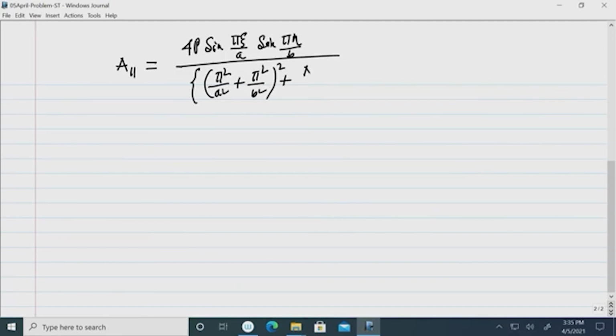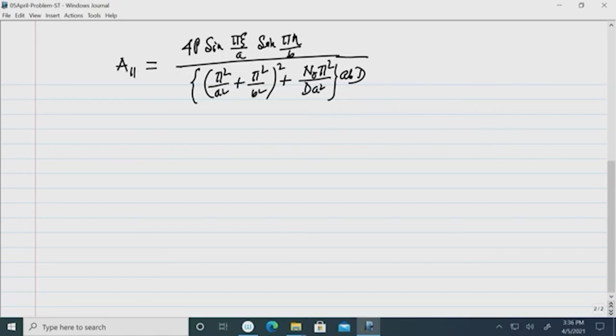Then it will contain the effect of axial forces, N naught pi square by D a square, a b D. Okay. So, this is your A11.